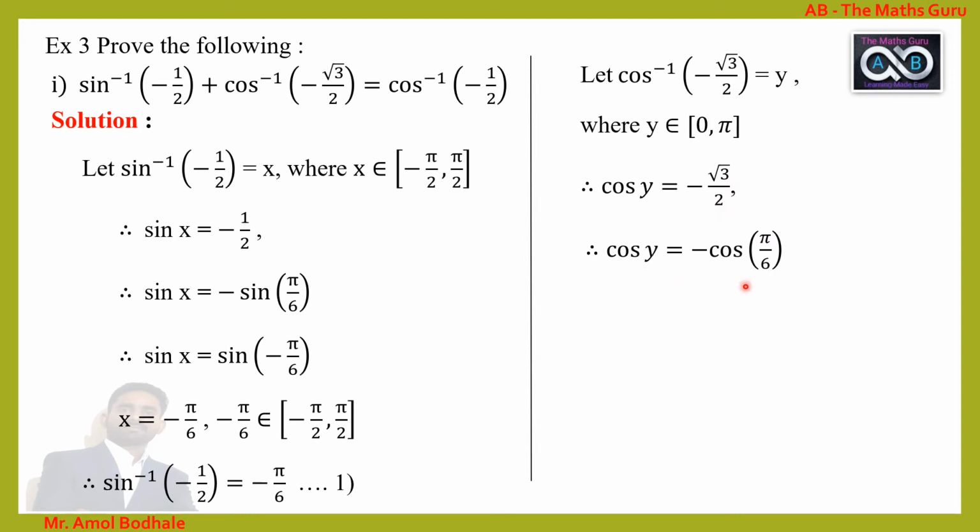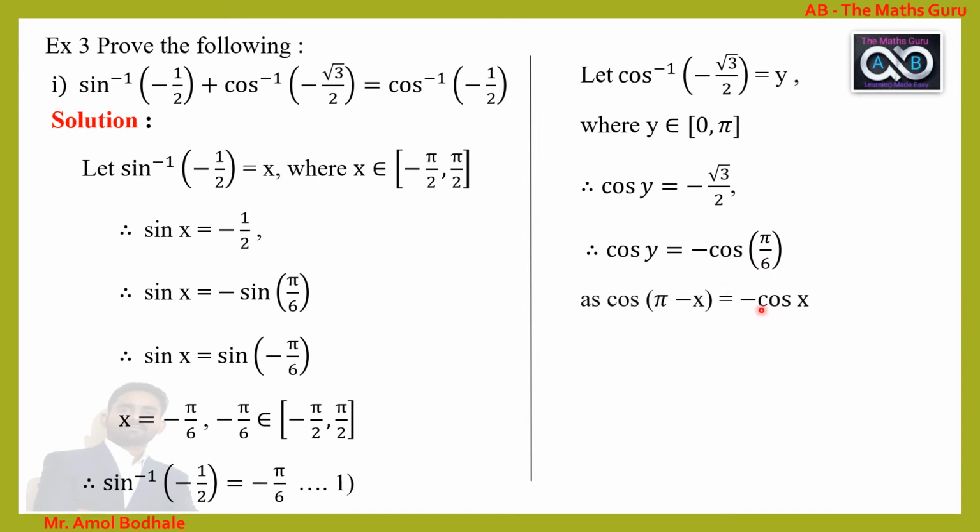Now here again we cannot compare both sides. We must convert this negative trigonometric function in terms of positive. As cos is negative in the second and third quadrant, and we require the angle to lie between 0 and 180, that is between the first and second quadrant, we can use the allied angle from the second quadrant. So minus cos of an angle can be written as cos of pi minus that angle.